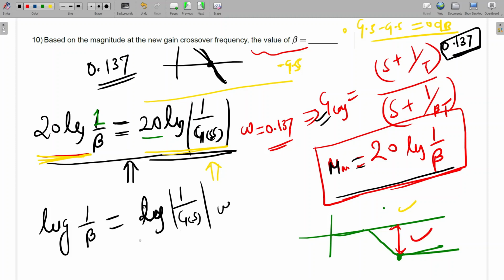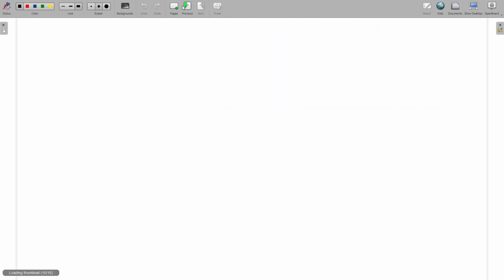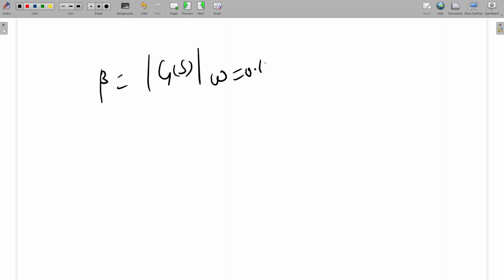If we remove the log from both sides, what will happen? 1 by beta is equal to mod 1 by GS. Beta will be equal to mod of GS at omega equal to 0.137. Is it clear to all till now?